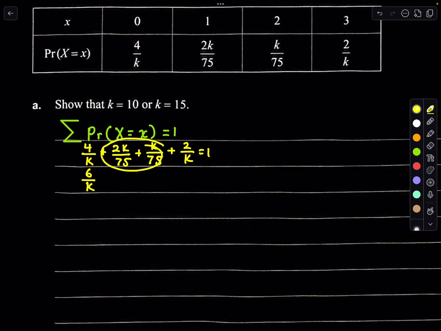And can you see how these two have the same denominator? So what's 2k plus k? That is 3k. 3k over 75. And we can simplify, 3 goes into 75 25 times. Yeah, so 25 times, perfect, and that must be equal to 1.